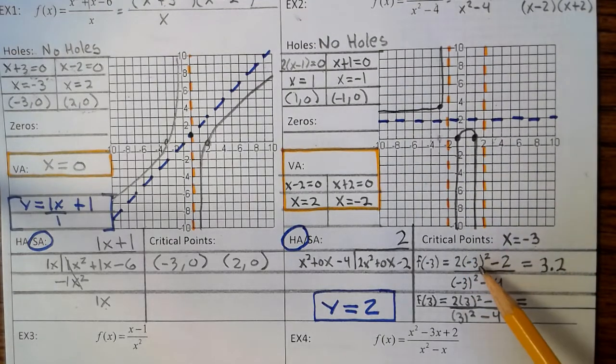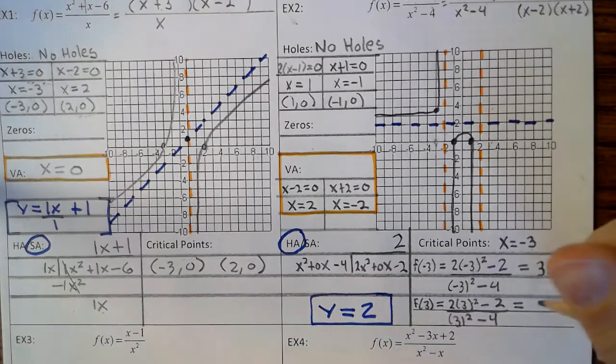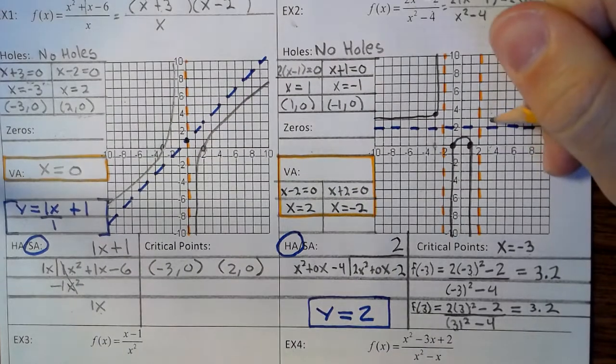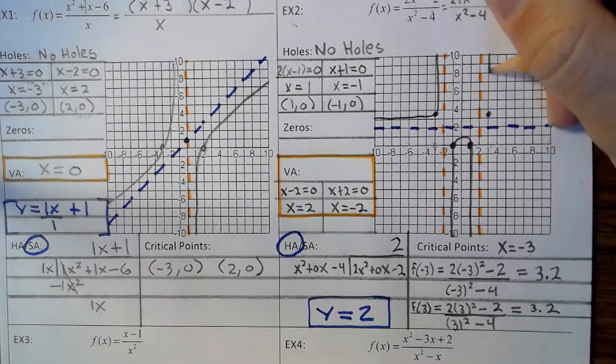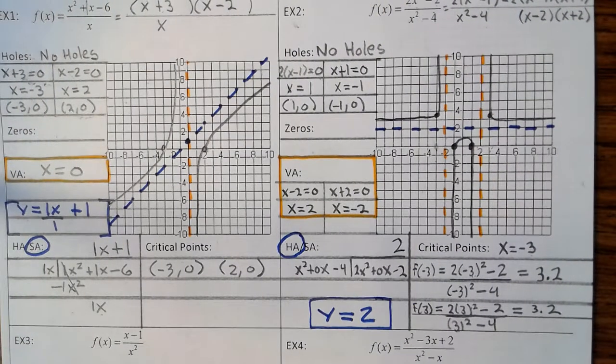In essence, when you square a negative 3 and a positive 3, it's the same, so you're going to get 3.2. So our point is (3, 3.2), which is critical because it tells us our point is here. Okay, so go ahead and finish up example 2.